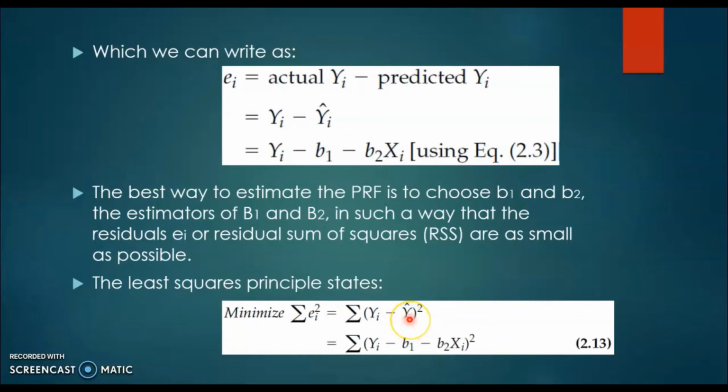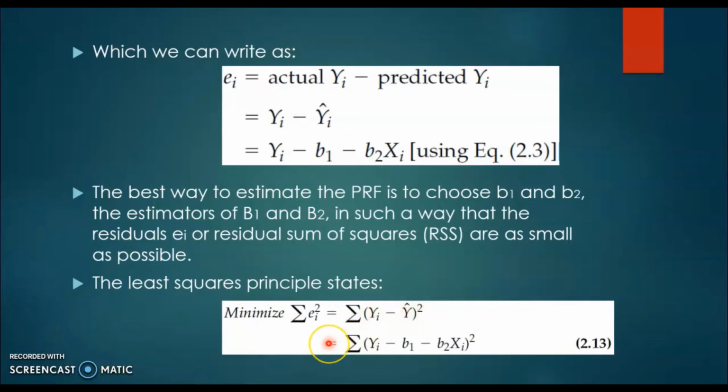I repeat, based on the least squares principle, the residual term is minimized when the residual sum of squares here is equal to the sum of squared differences between the actual y and the predicted y.